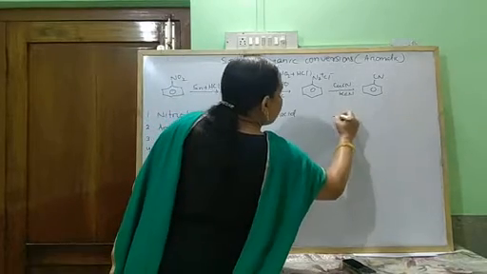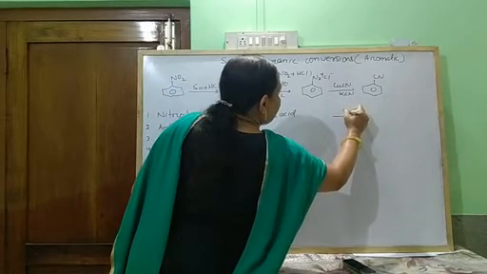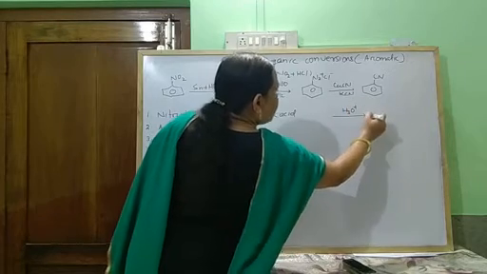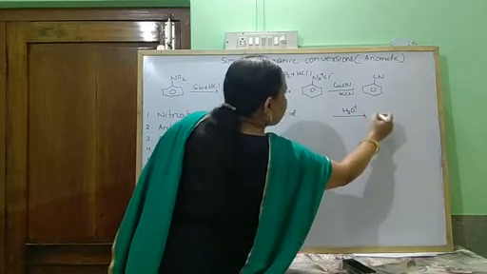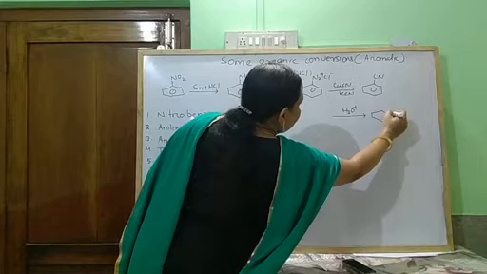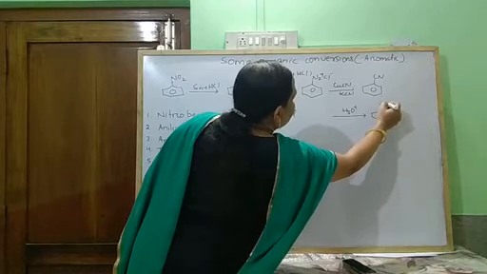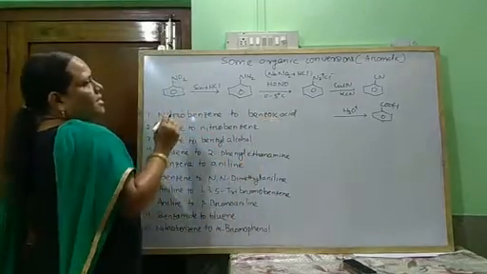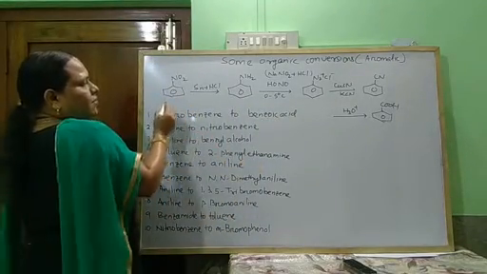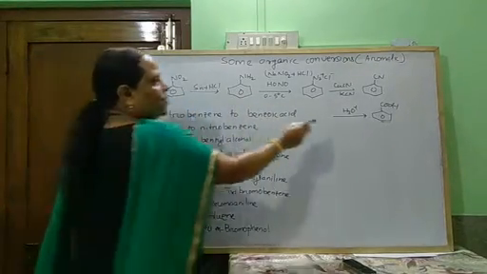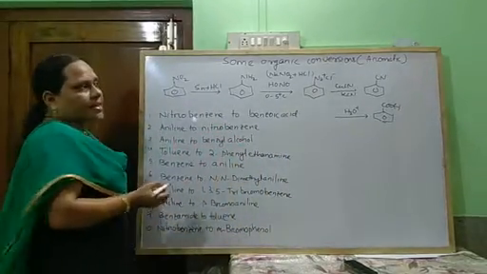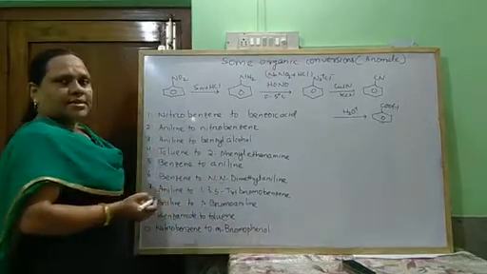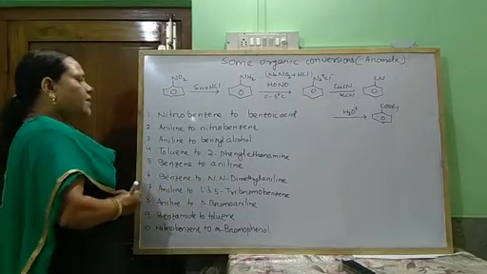And this cyanobenzene, when it undergoes hydrolysis in acid medium or in alkali medium, this cyanide group is converted to carboxylic acid, benzoic acid. So this is the conversion of nitrobenzene to benzoic acid, and the intermediate reagent is benzene diazonium chloride.